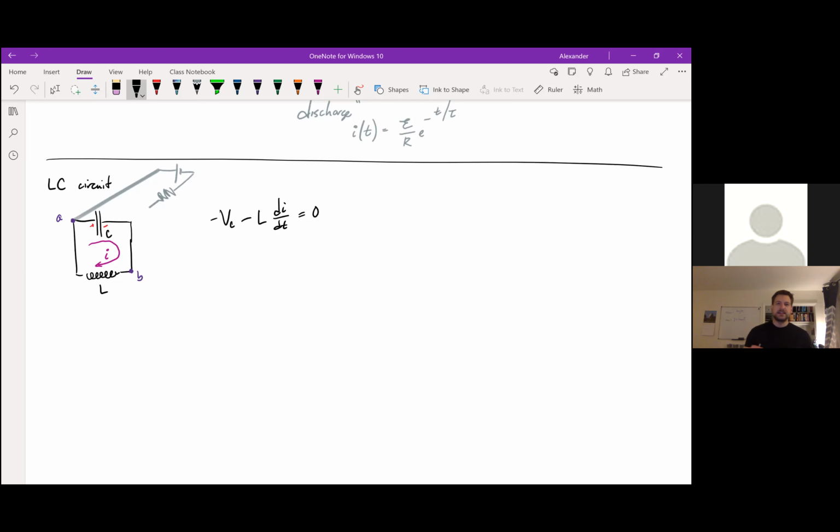Di/dt has a relationship to the potential difference across the capacitor, because I'm planning to express that potential difference in terms of the charge, the instantaneous charge stored on the plates, and its capacitance. And the backwards current is tied up in the fact that as Q decreases, I increases.